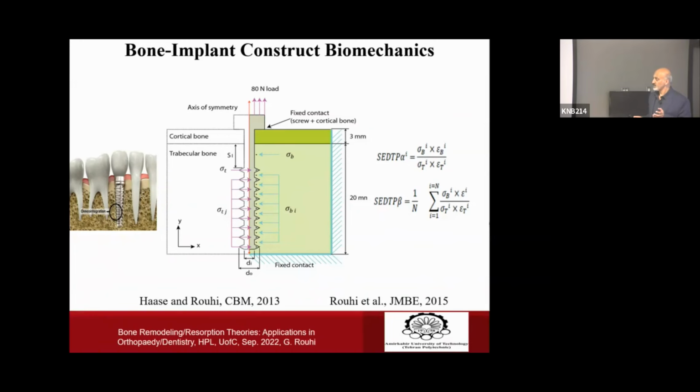But the key point is that if you're going to see whether your implant was designed properly, or whether you have an optimal design, and if you agree based on my explanation today, we have to make our implant in a way that causes minimum disturbance in the mechanical stimuli distribution within the bone.